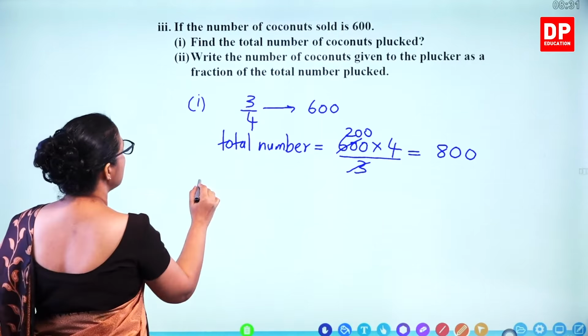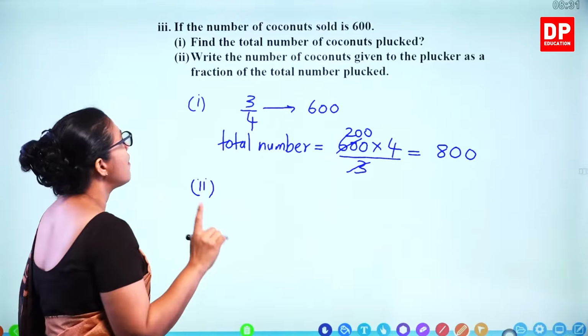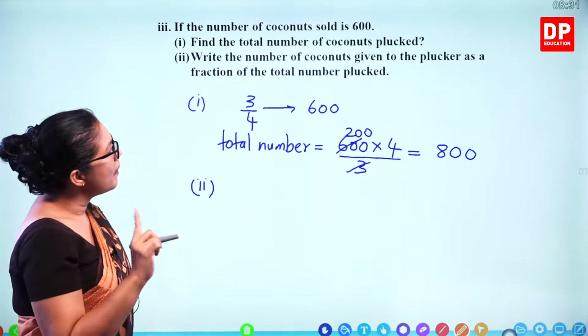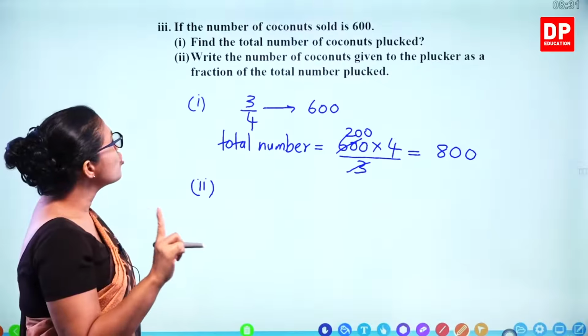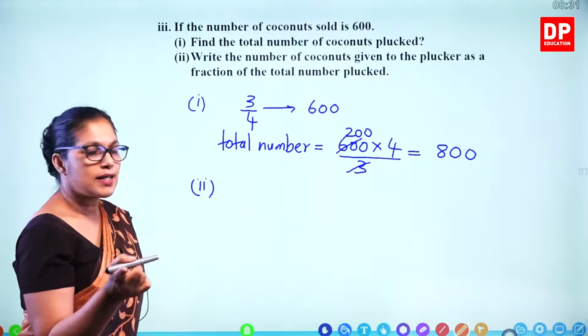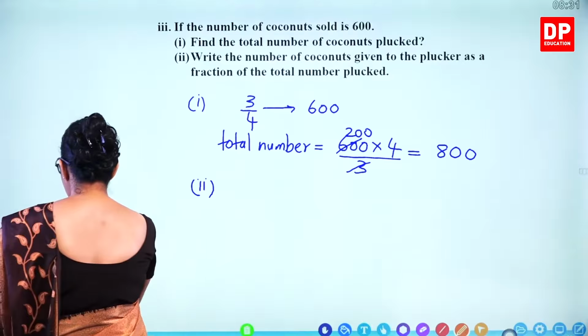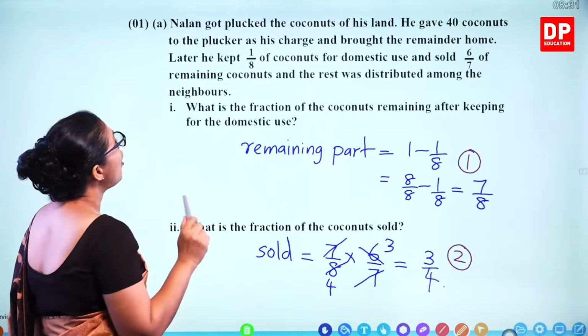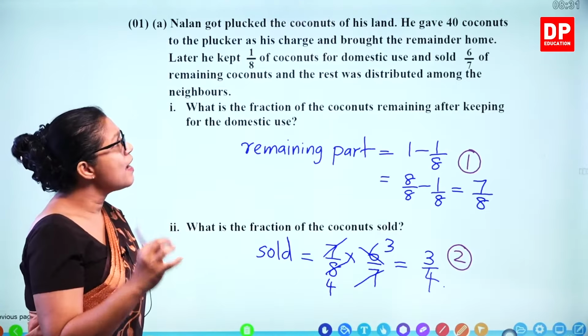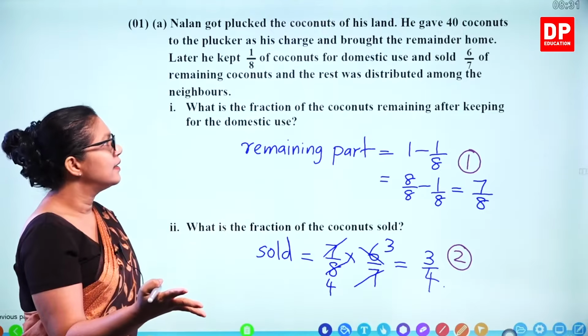That's the first part. Then the second part says, write the number of coconuts given to the plucker as a fraction of the total number plucked. Now look at the previous one. It says Nalan got the coconuts plucked off his land. He gave 40 coconuts to the plucker.